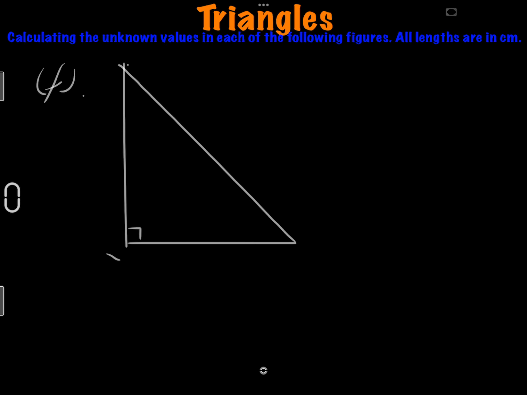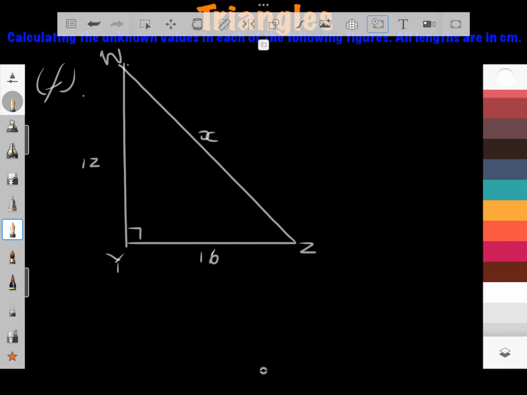So essentially we have angle Y, angle Z, angle W, and we have 12, we have x this side, and then 16 centimeters side YZ. So now to find x, this is classically our example of the Pythagoras theorem.